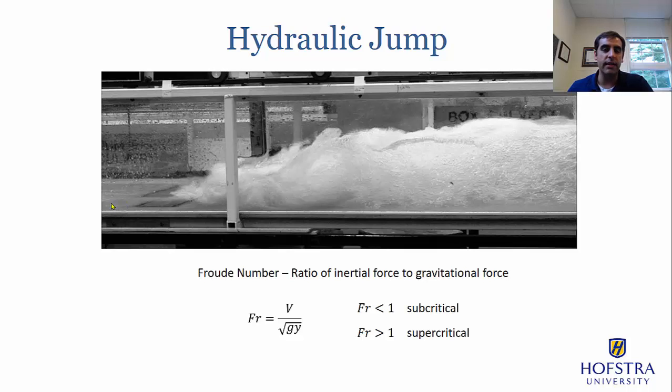It can do that somewhat abruptly, depending on the Froude number. The Froude number is analogous to the Mach number in compressible flows, and as you see here, it is a ratio of the inertial force to the gravitational force.